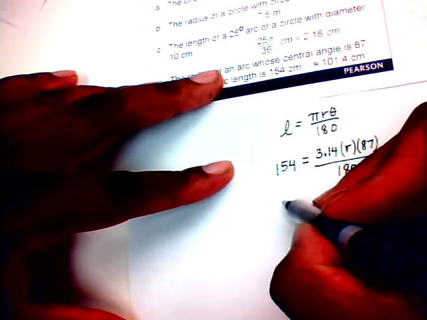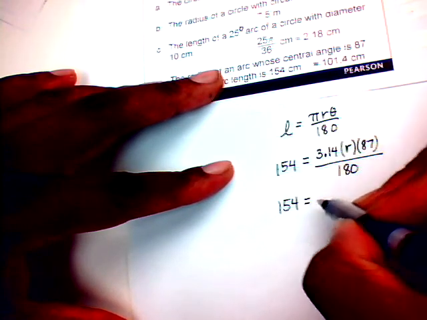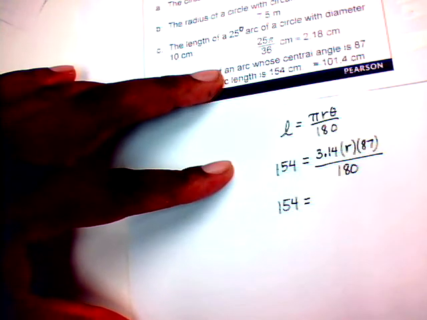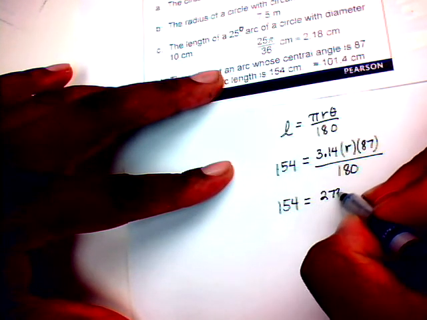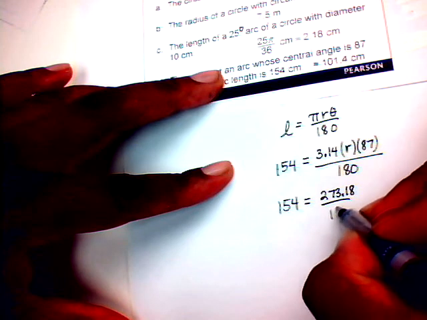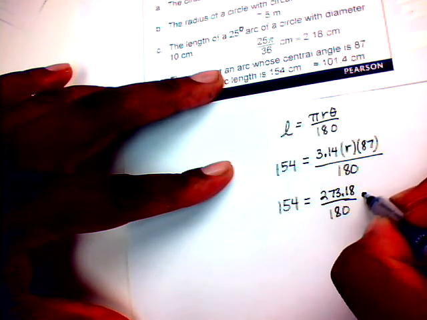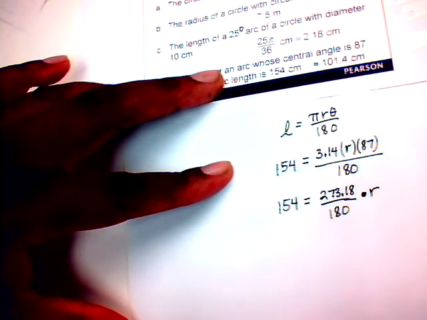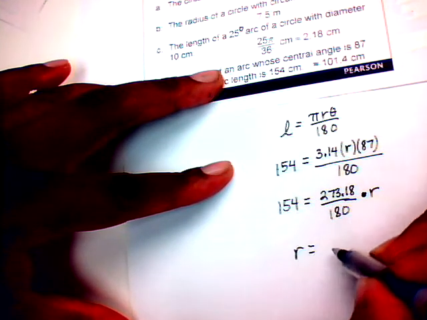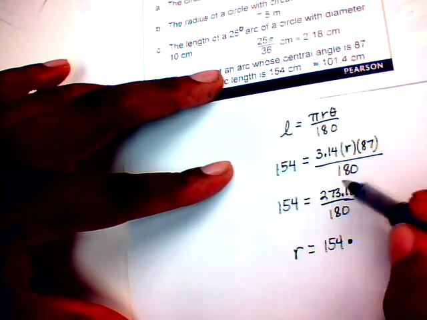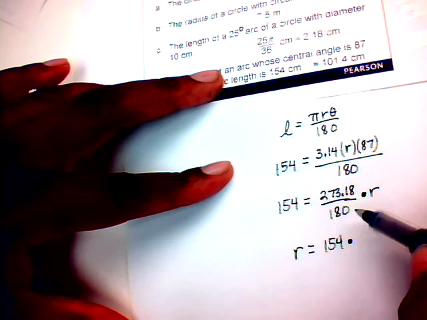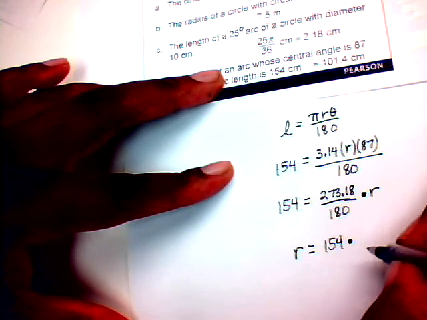Now I'm going to simplify this. This will be 154. That's equal to 3.14 times 87. That's going to be 273.18. So I'm going to have 273.18 over 180 times r. Now to find out what r is, I'm going to take that 154, and I'm going to multiply that by the reciprocal of 273.18 over 180.